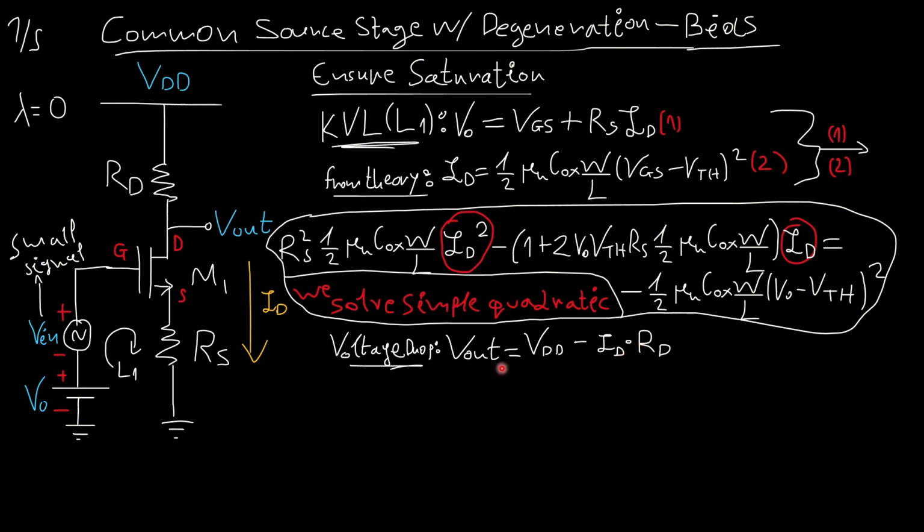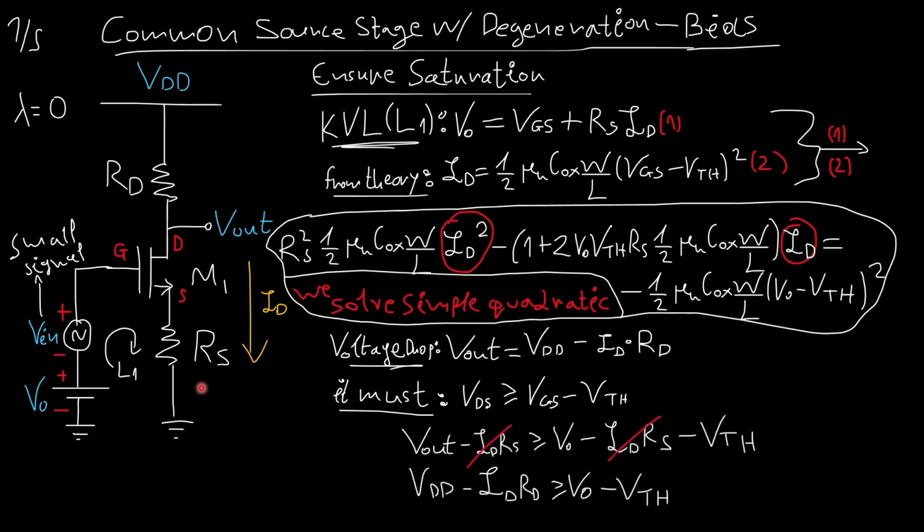Now, the voltage drop at the output must be equal to VDD minus the voltage drop here, ID RD. This would be the same as doing a KVL here, right? Similar to this. Now, in order to be in saturation, VDS must be more or equal to VGS minus VTH.